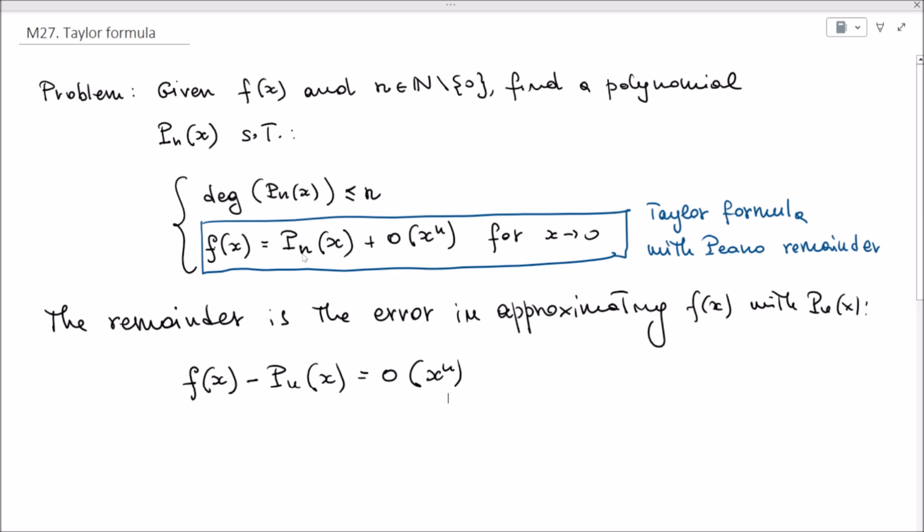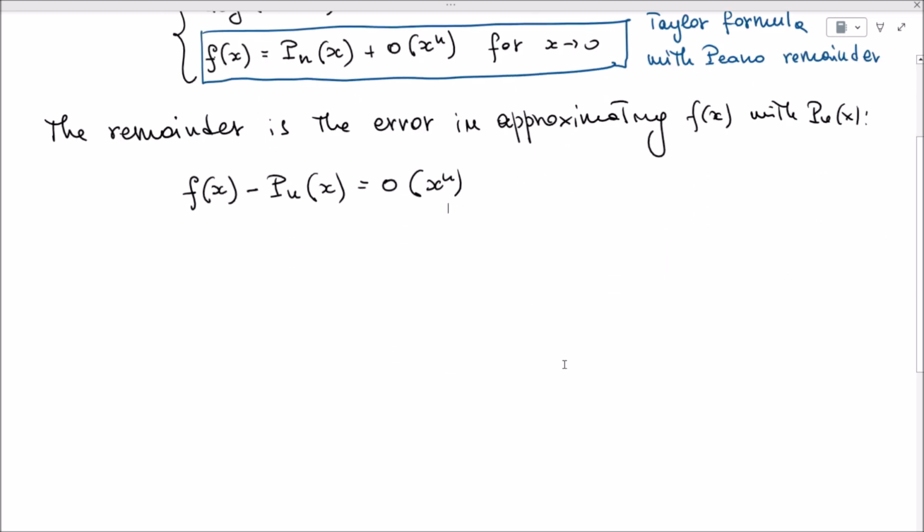So before giving the explicit formula for the polynomial, we want to prove an important property, which is the uniqueness. Okay, so we'll give this lemma now.